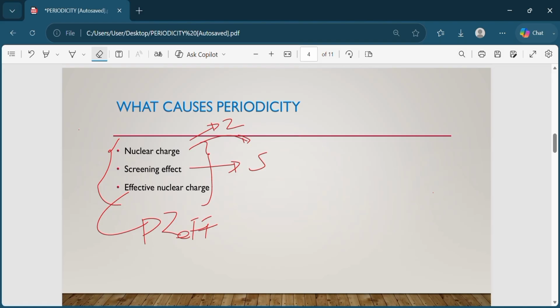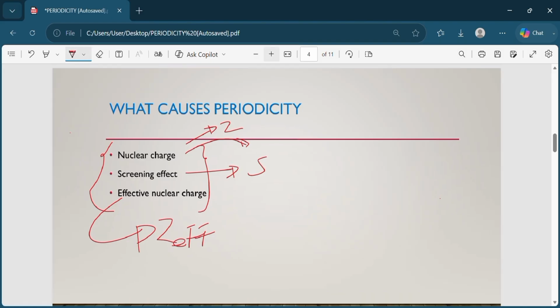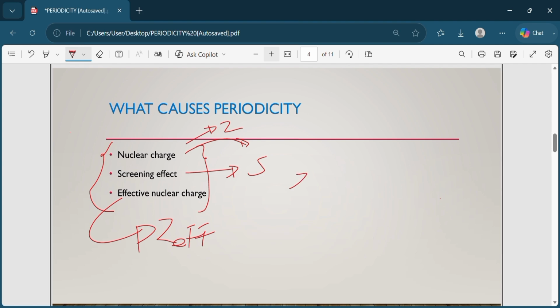That is all I need you to know. If it is a balance, then what do we have? Effective nuclear charge is just a balance of what we said, the nuclear charge, which is Z, and the screening effect, which you can denote as S.